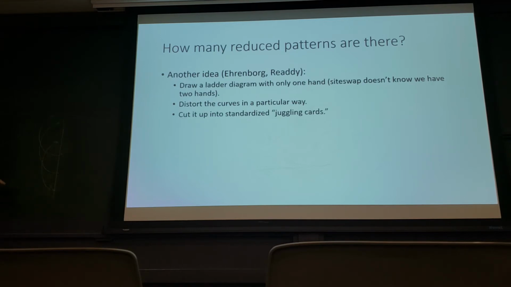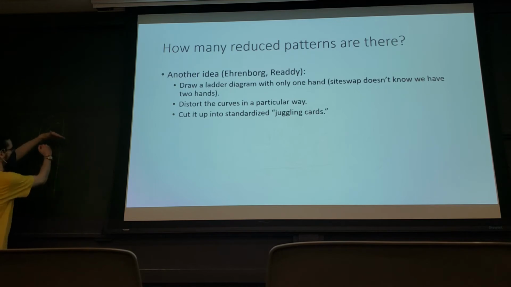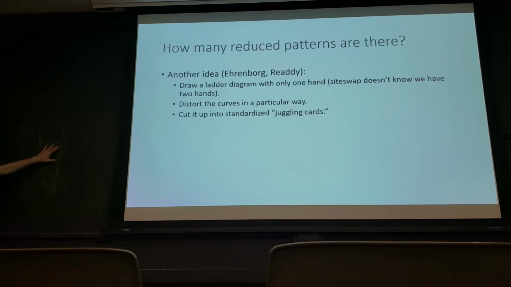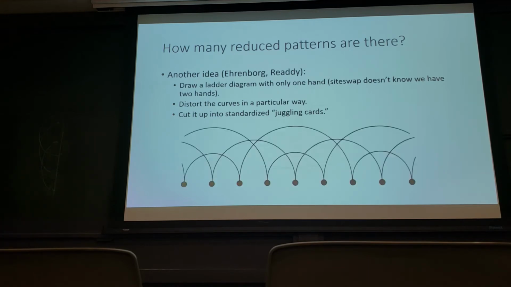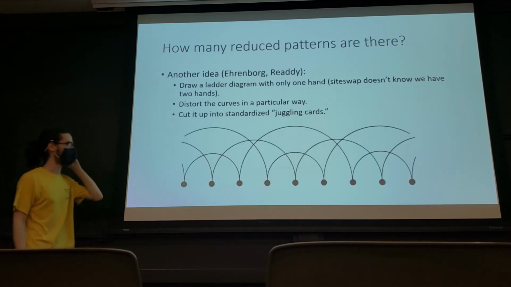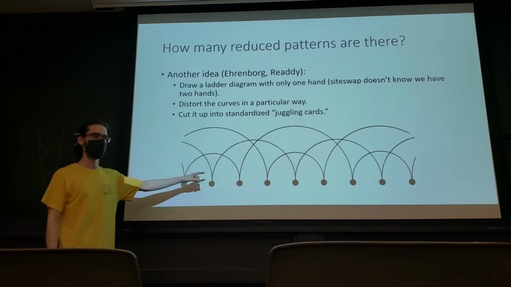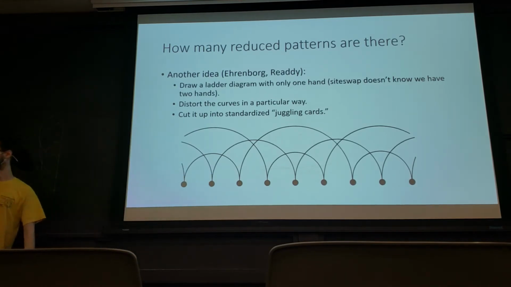And then it turns out that we can cut this pattern at each throw and end up with standardized, so-called juggling cards. It turns out that if you arrange these juggling cards in any way, you always end up with a juggling pattern. So here's a more complicated example. This is the pattern 4-2-3 as a one-handed ladder diagram.